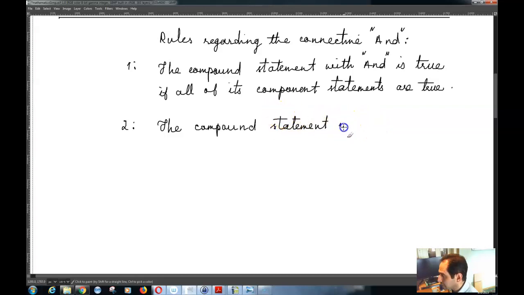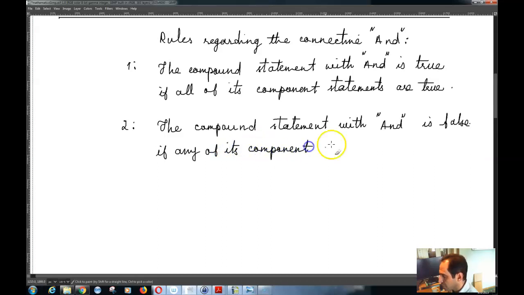That makes sense. It is false if any of its component statements is false.